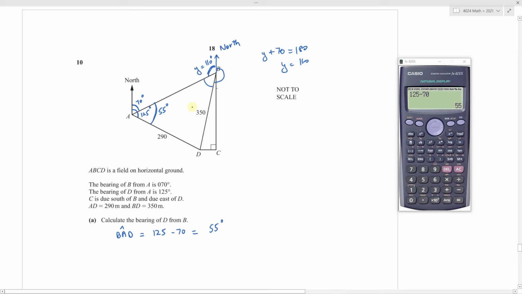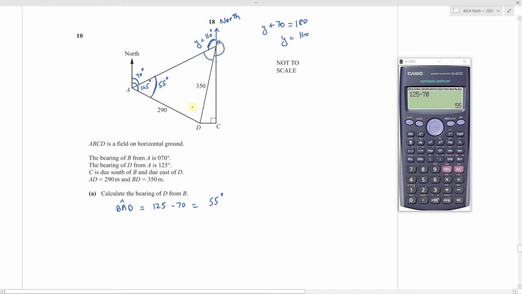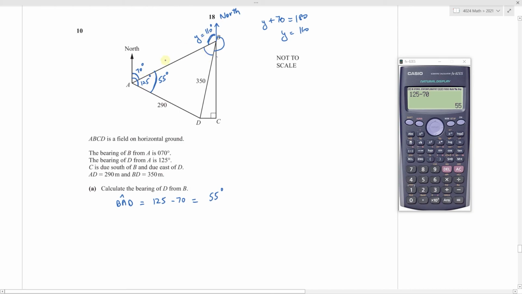So now I can use the sine rule to find this angle ABD. Sine of angle ABD divided by the length of the side opposite to that angle, which is 290, equals sine of this angle 55, angle BAD, divided by the length of the side opposite, which is this side BD, 350.